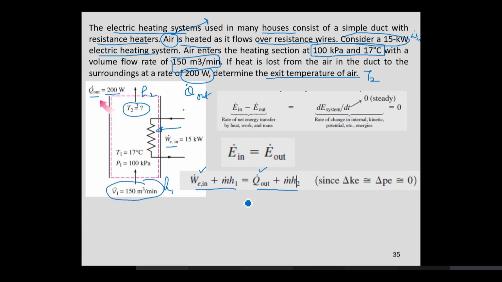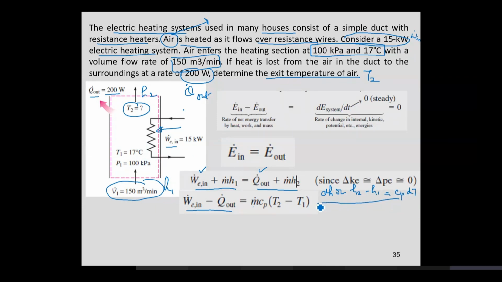So if I take the exact terms which are given to me on the left hand side, I'll have work electrical in and Q dot out. On the right hand side, mass flow rate multiplied by Cp times T2 minus T1. Essentially you have converted dH, or H2 minus H1, into Cp dT.